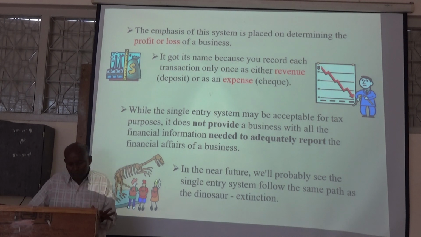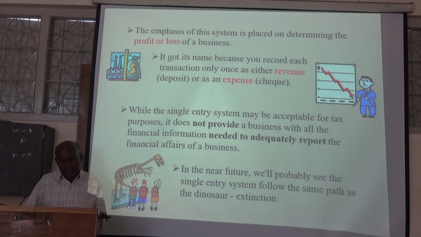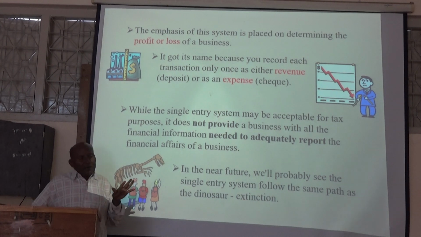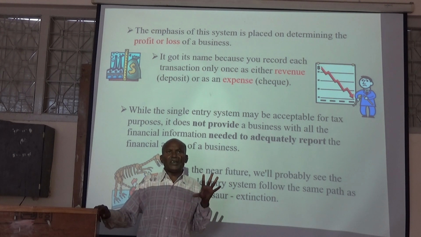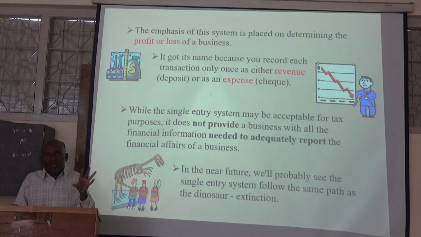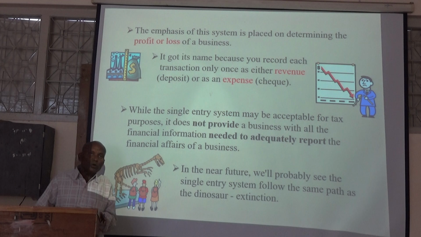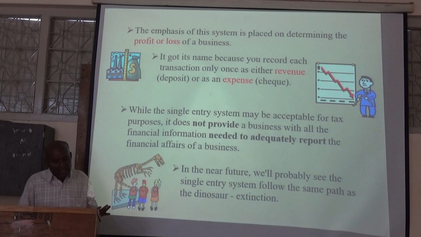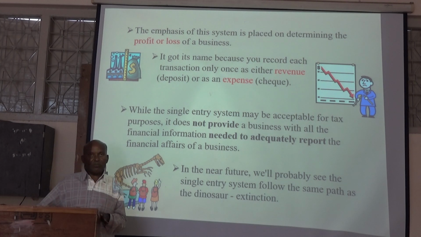Third, it is kept easier than the double entry bookkeeping system. Determining profit or loss is easier because in this system there is no trial balance, no profit and loss account and balancing. And last, it is suitable for small concerns.